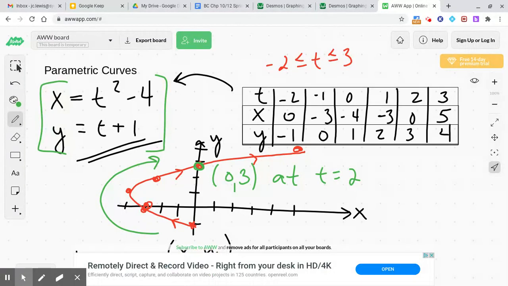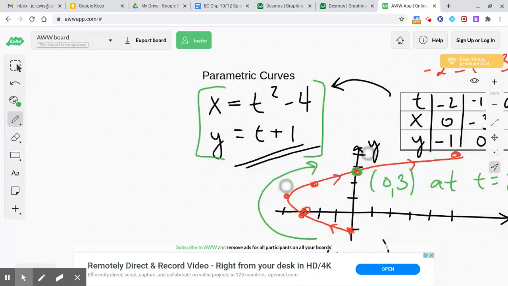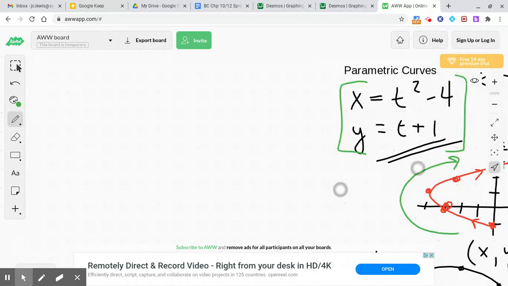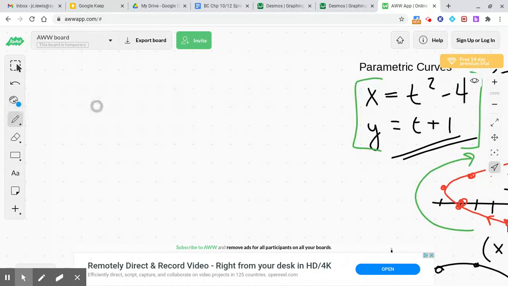Now, the cool part about this is that you can actually eliminate the parameter to see what this curve might look like if it were a single rectangular curve. So I'm going to come over this way so we can keep these on the screen. We'll go to blue. So I have these two curves. To eliminate the parameter, I need to solve one of them, typically whichever one's easiest, for time.